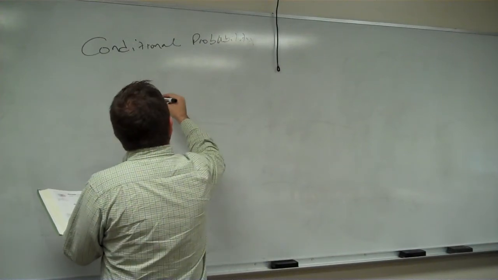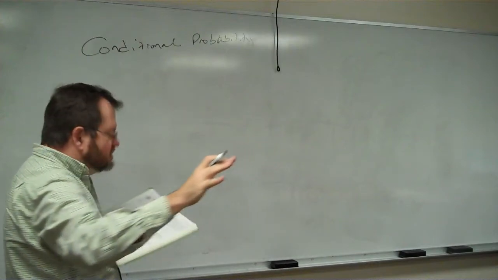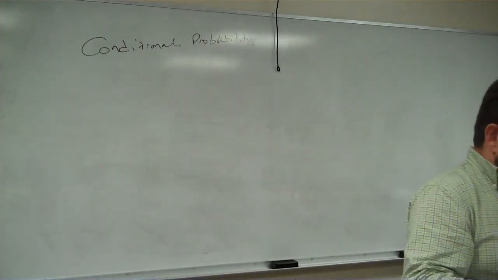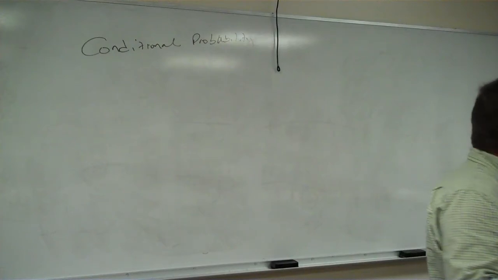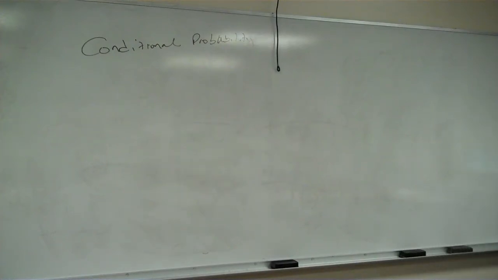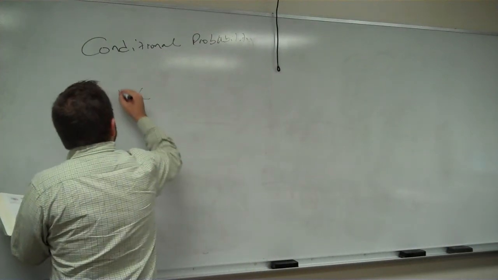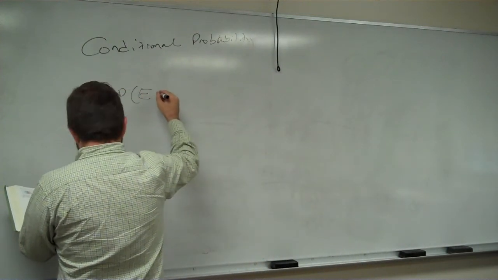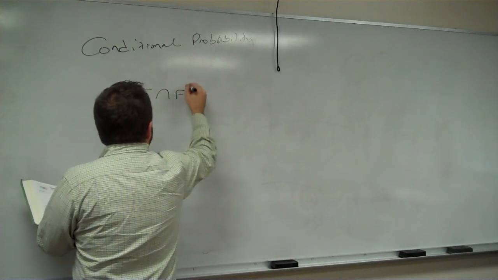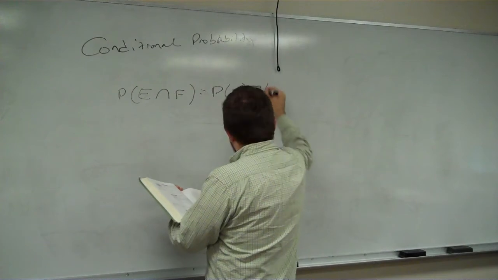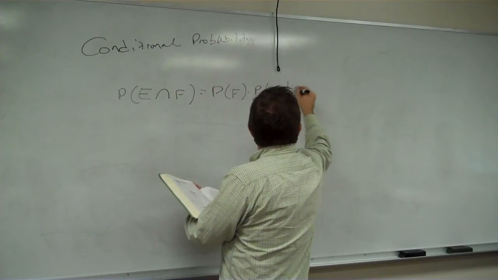All they did is took that conditional probability rule and rearranged it. And this can be a useful form, but you would have probably already thought about that. But I do want to write this down for one important reason. I'm going to write down one form of it. How about the probability of E and F equals the probability of F times the probability of E given F.